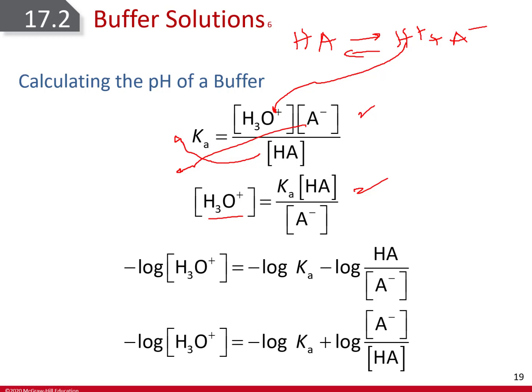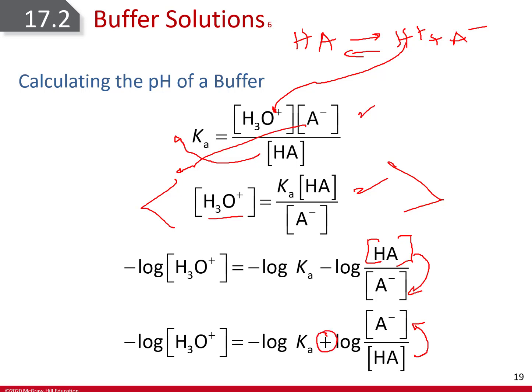And then if I take the negative log of everything that you see here, I get negative log of the hydronium ion concentration equals negative log of the Ka, and the negative log of the concentration of HA, the molecular acid, over its conjugate base. All right, I'm going to flip the HA down to the denominator and the A negative up to the numerator. That changes the sign here.